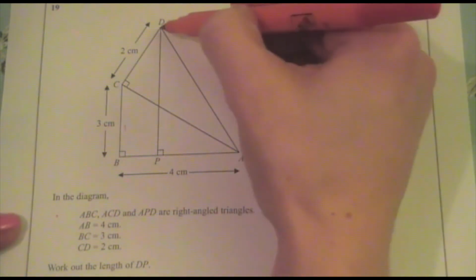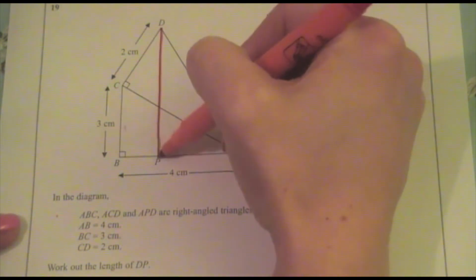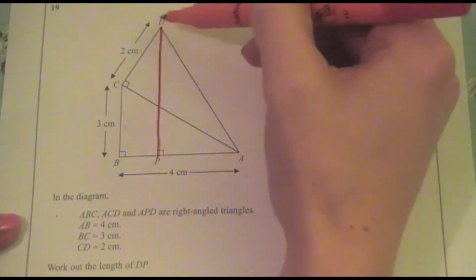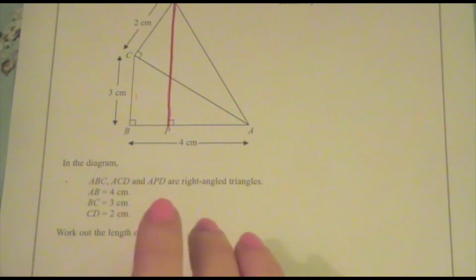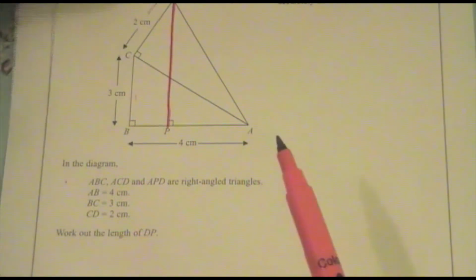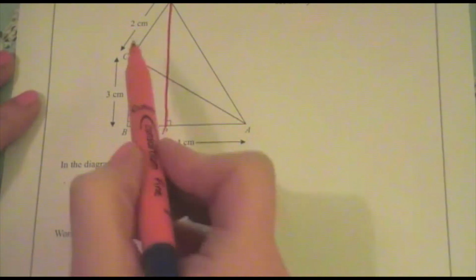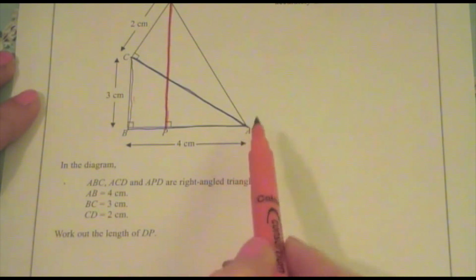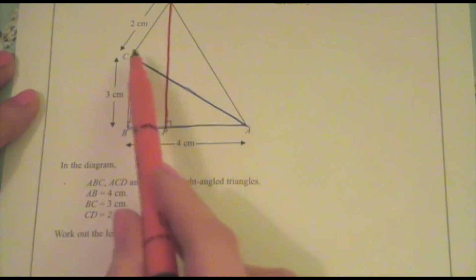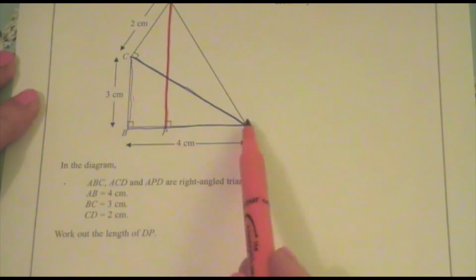I'm then asked to work out the length of DP, so this one here. Okay, so that's the length I need to work out. Now, the first thing I'm going to work out is I'm going to start looking at this triangle here. Okay, so the triangle ABC, and I'm going to try and work out this length AC.